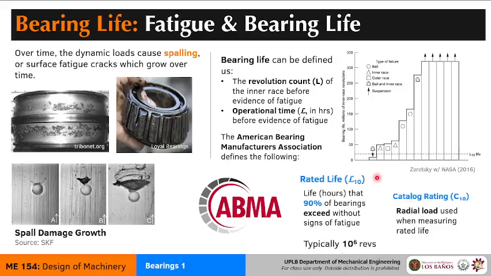Again, if your catalog rating for Model 1 is 4 kilonewtons, 9 times out of 10 that bearing will survive 1 million cycles of being loaded at 4 kilonewtons. So these two come in pairs. The catalog rating corresponds to rated life, and the rated life corresponds to the catalog rating.